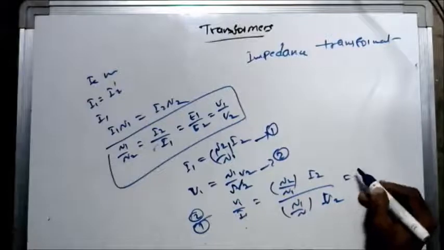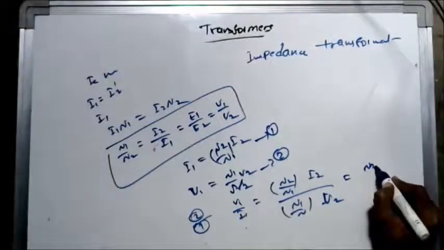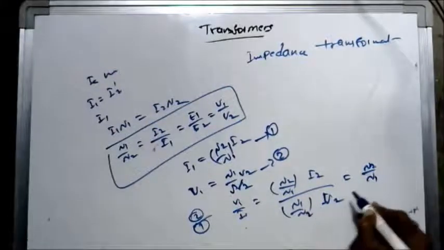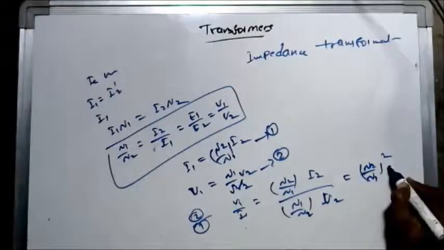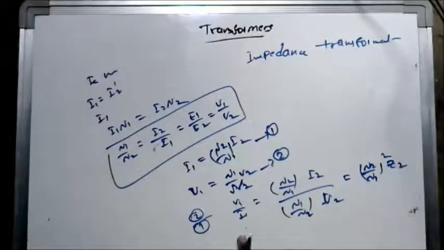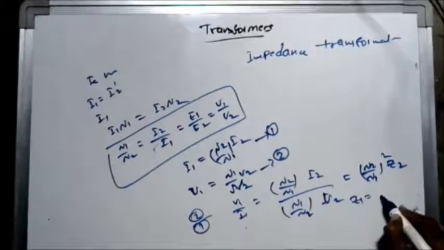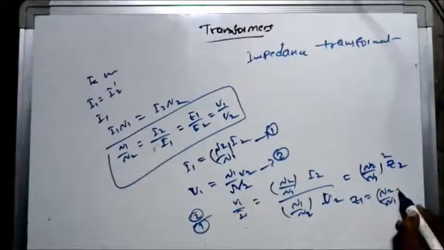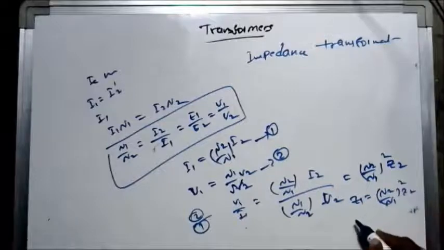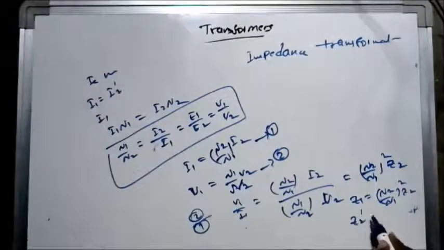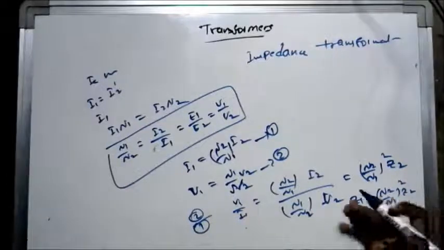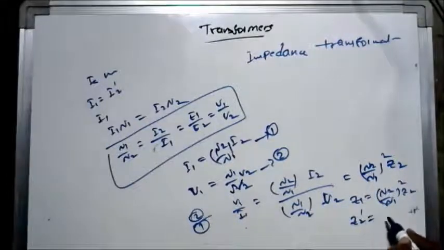That is equal to N1 by N2 whole square into Z2. Can I write V1 by I1 is equal to Z1? So Z1 is equal to N1 by N2 whole square into Z2. So Z2 dash, that is the impedance at the secondary, can be referred to the primary as K square into Z2.